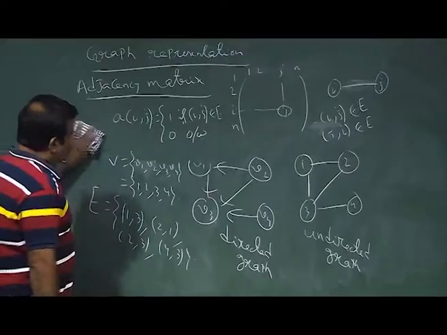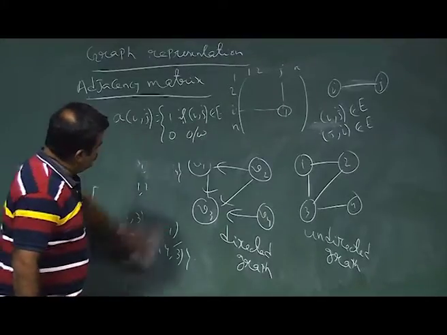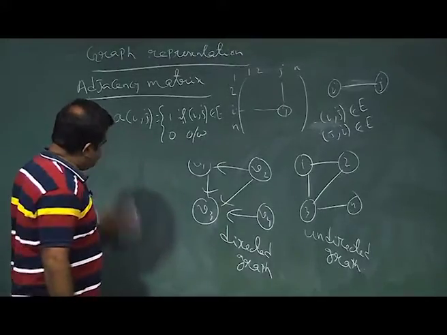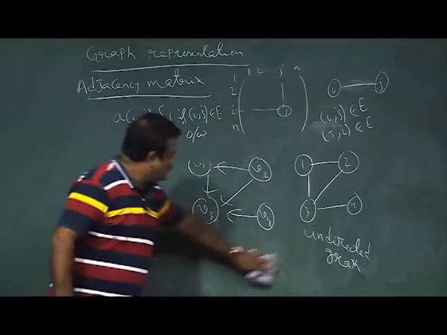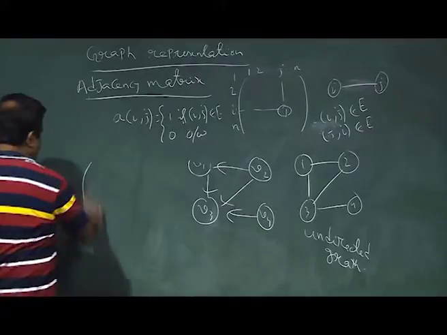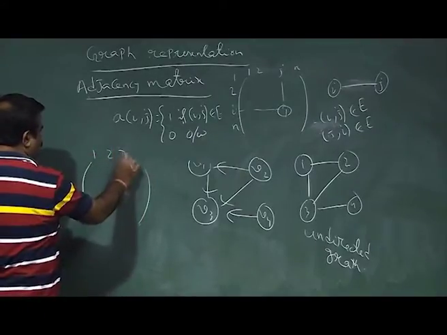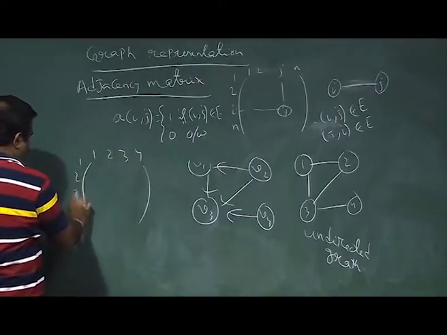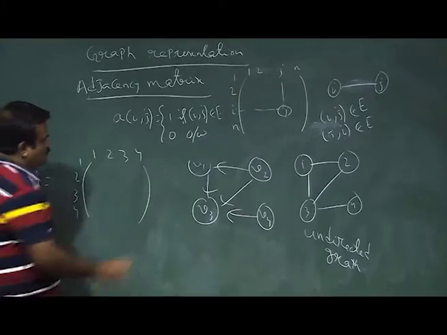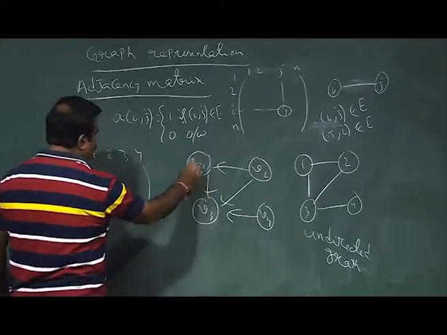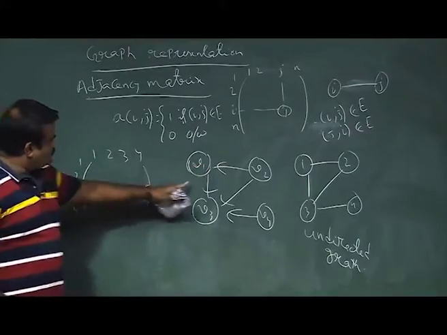Okay. So for this graph, what is the adjacency matrix? There are 4 vertices, so the size of the matrix will be 4 by 4, with rows and columns 1 2 3 4. So this is the adjacency matrix. From 1, where is the edge?